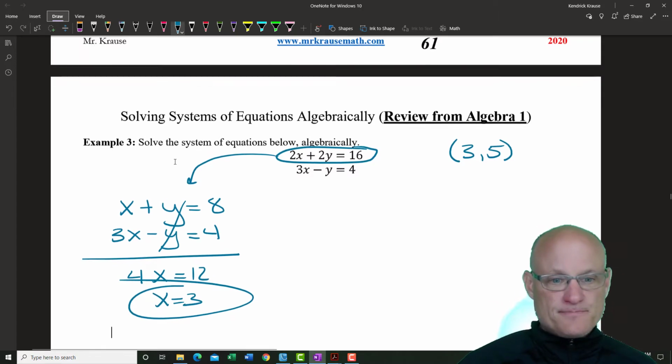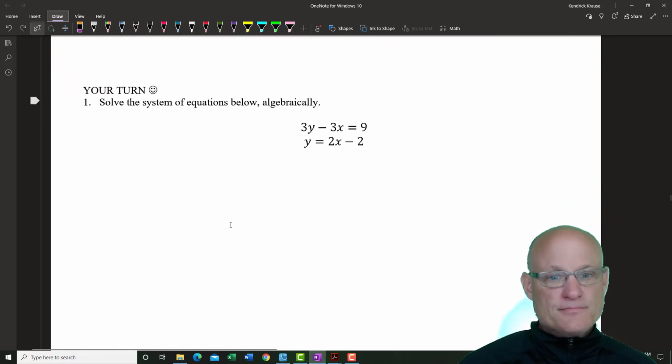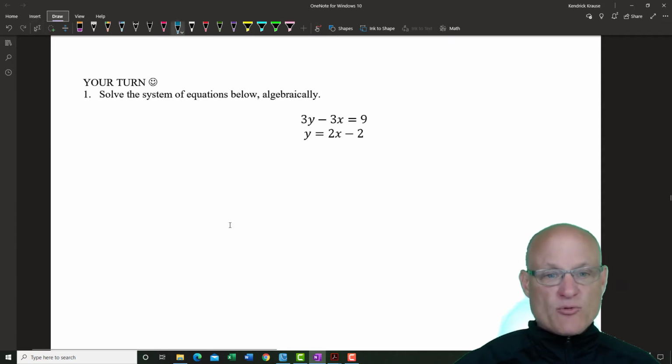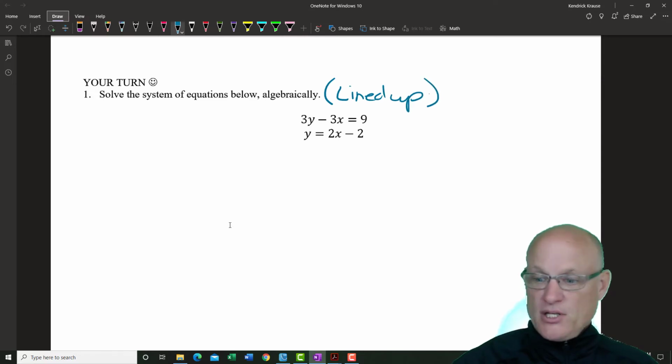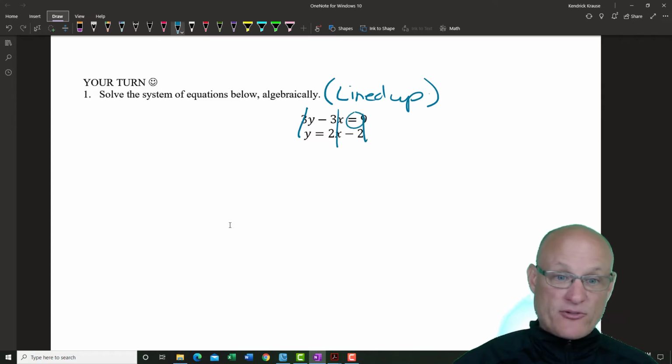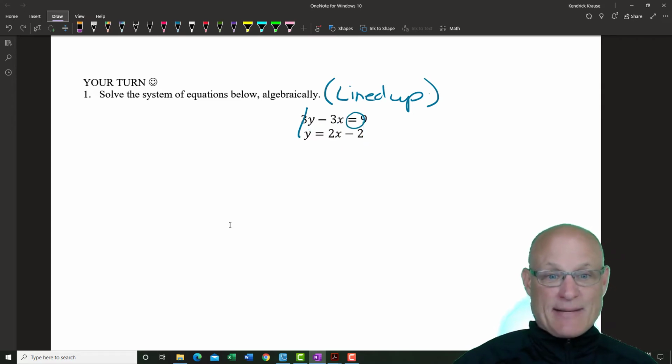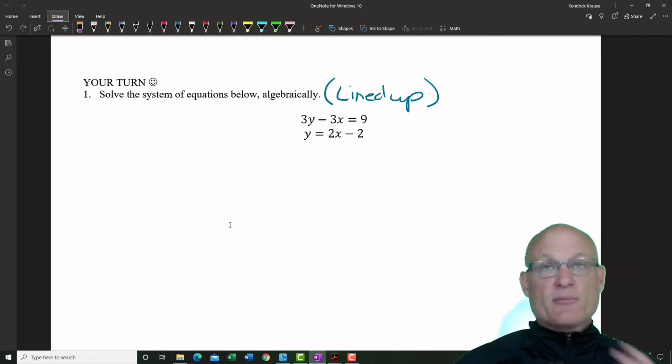All right, let's take a look. What you need to remember is you need to have everything lined up properly. Everything gets lined up. I know the y's are on top, the x's are on top, the numbers are on top, but you see the equals, they're not on top of each other. Here's the easiest way to do it. Make sure you have the variables on the left and all the numbers on the right.